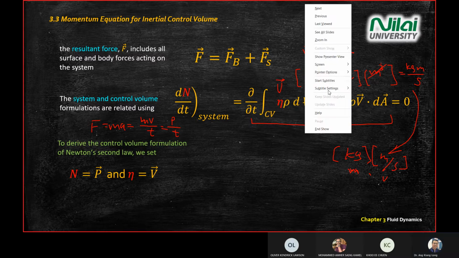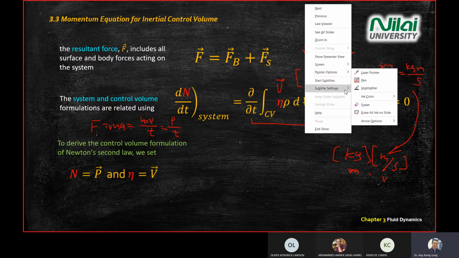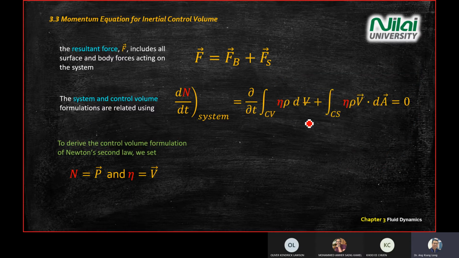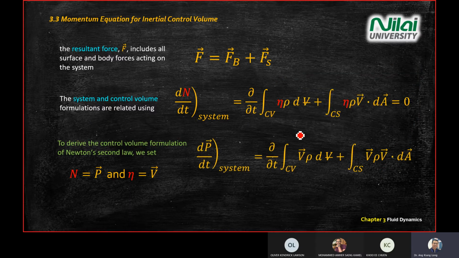Okay. So there's a difference between the continuity equation, and that's why. I'll show you the third equation. This is the momentum equation. The P here is not pressure, it is momentum. In this chapter, we use P to represent momentum.